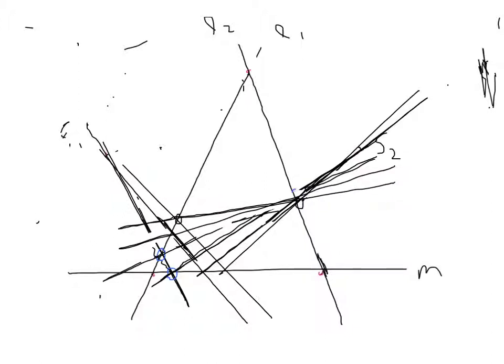Draw another line from S1 through line M, then from line M up through S2, then with this here and that there cross, connect them.